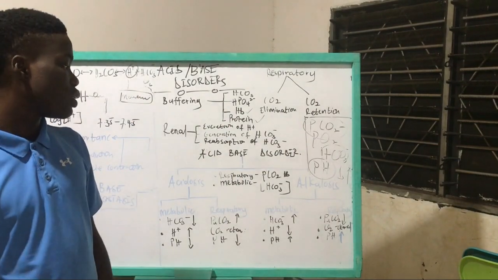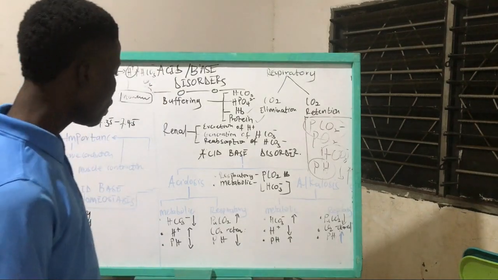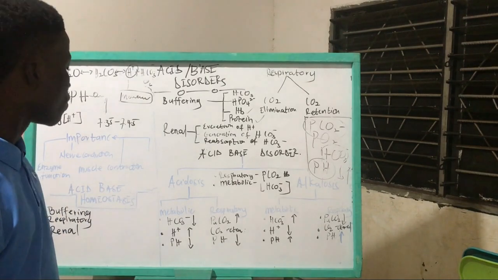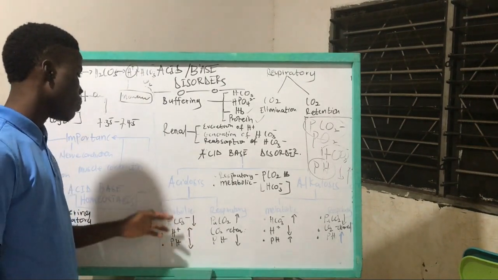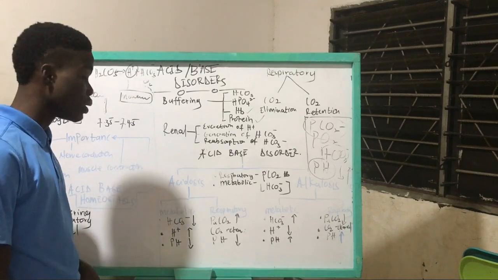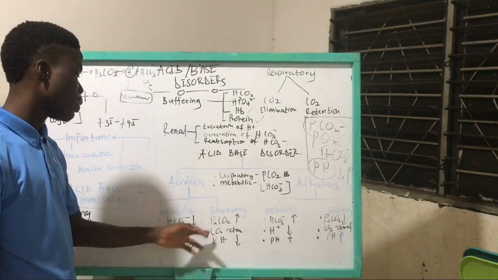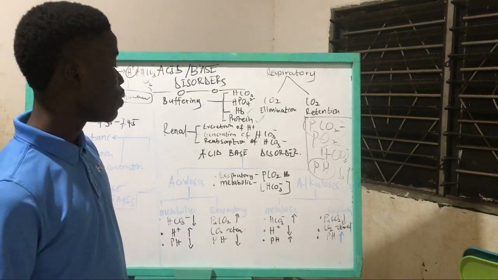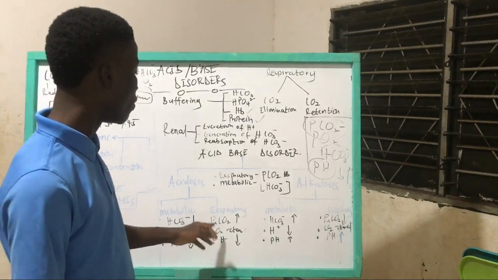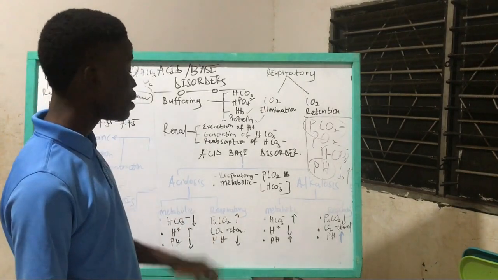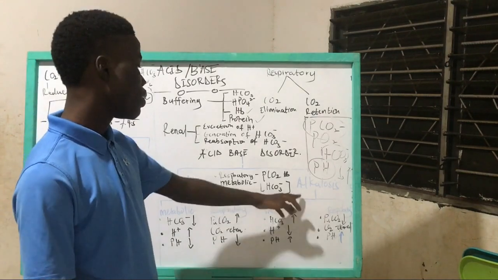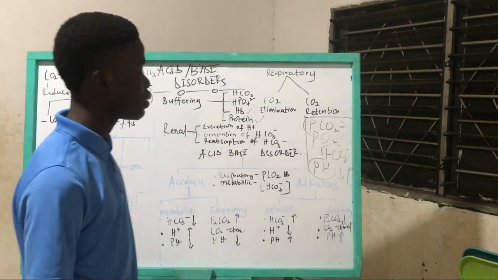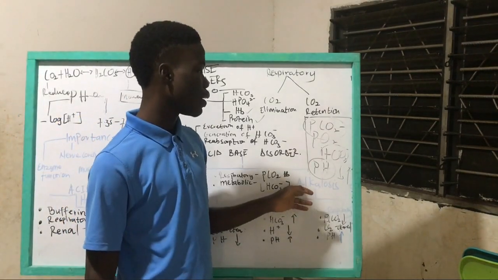Now there's always a compensatory mechanism for this. There's a compensatory mechanism for metabolic acidosis, for metabolic alkalosis, for respiratory acidosis, and also for respiratory alkalosis.